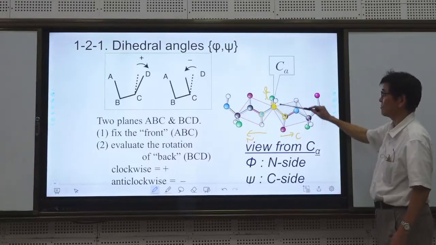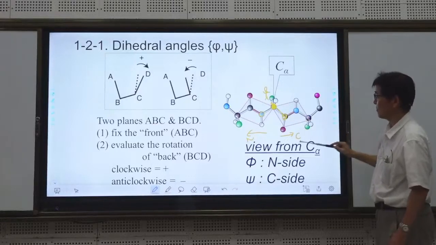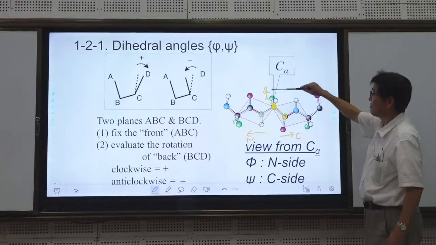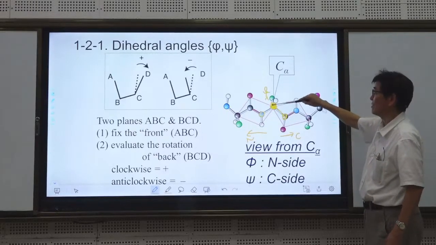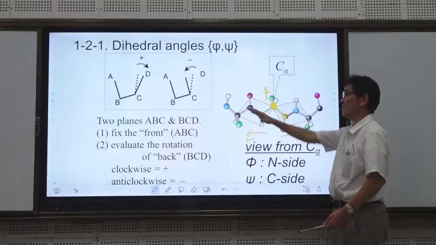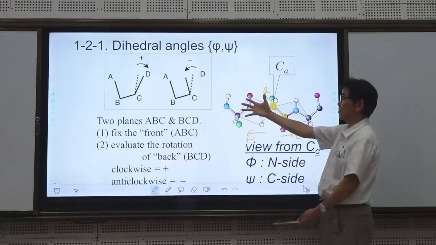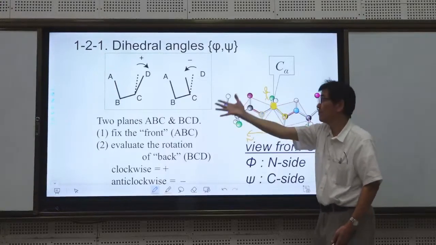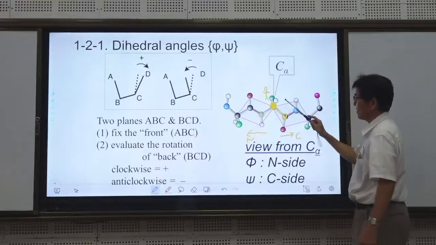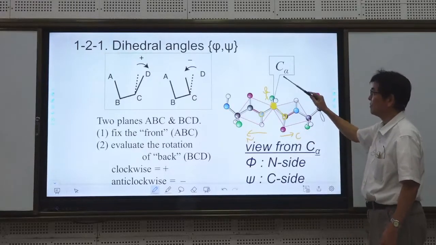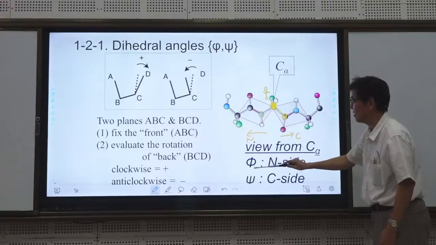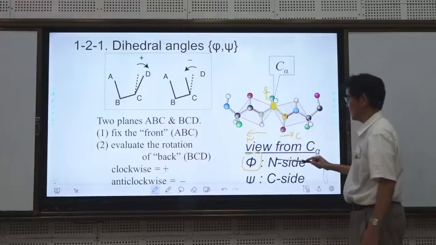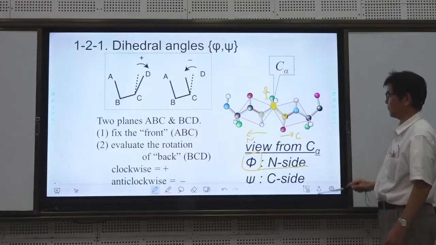When we watch from this carbon alpha, N side, C side. So when we watch from this carbon, we can define the rotation angle or dihedral angle of this plane rotating. Then please use the parameter phi as a dihedral angle for the N side.